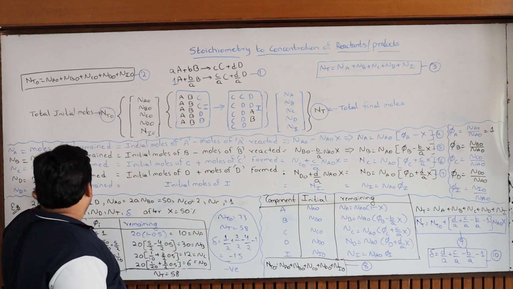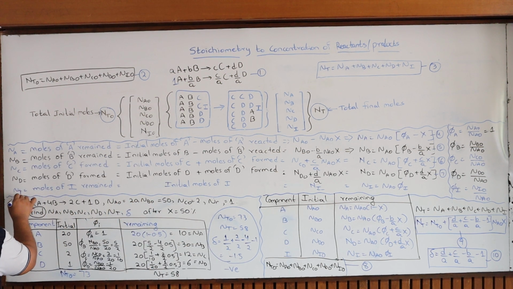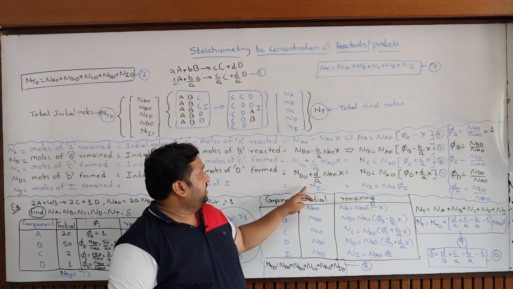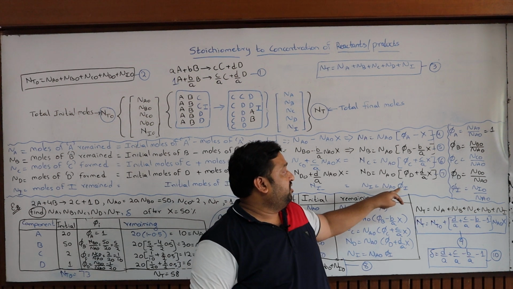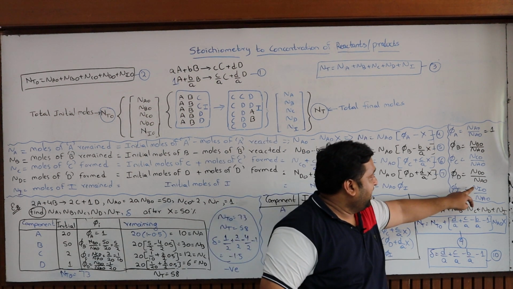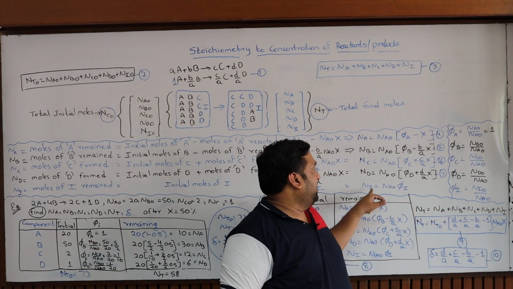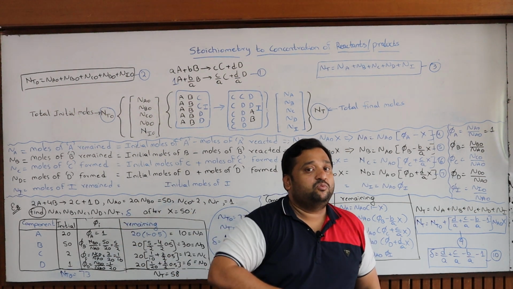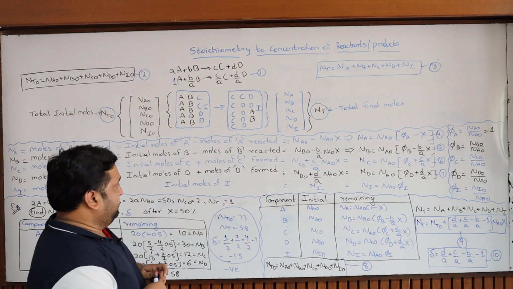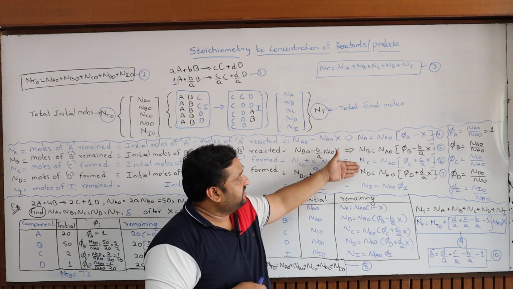Therefore Ni is equal to Na0 into phi I. What is phi I? Ni0 by Na0. That means the final moles of inerts is equal to the initial moles of inerts. Now you have identified Na, Nb, Nc, Nd.